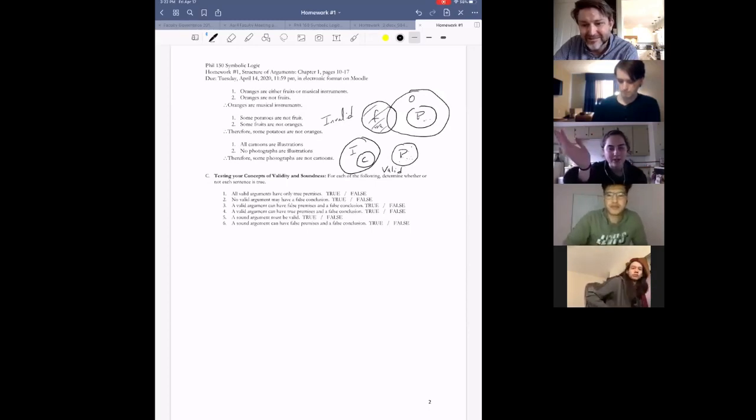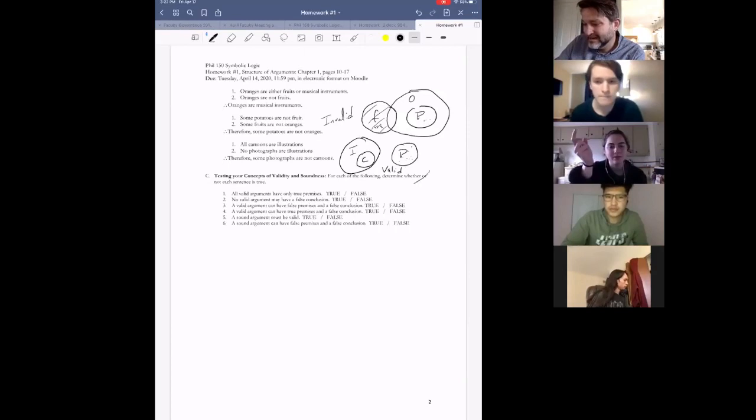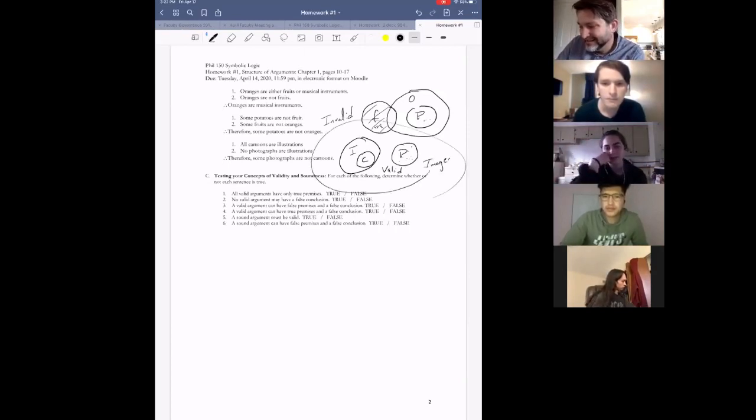My initial idea was that they're all images, so there'd be a bigger circle around all of it, but it would still follow that some photographs are not cartoons. That doesn't really change that part of it. Okay, cool. I think you might get hung up on "some."